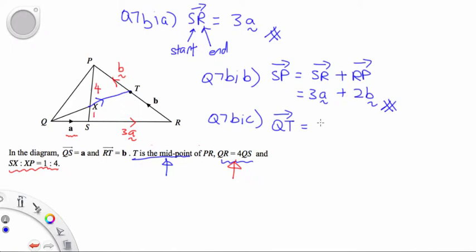The starting point is Q, so Q must move to R plus R to T. QR altogether I have 4A. RT is just B, which is given in the question. So again, this is your answer. So far we have solved A, B, C, and D.